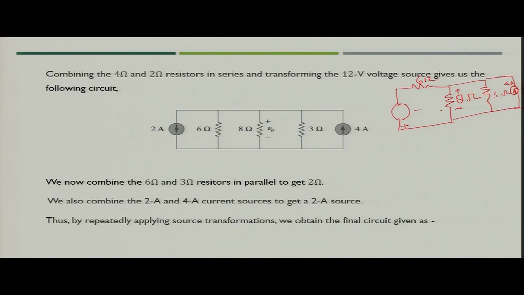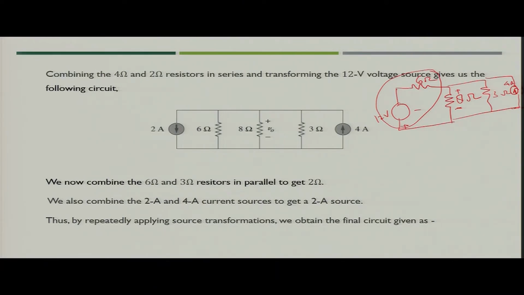Now, if you see this, this is again a candidate to be transformed into a current source, because we are seeing that there is one voltage source of 12 volt in series with a 6 ohm resistance. So, what we will do? We will simply transform the voltage into current.